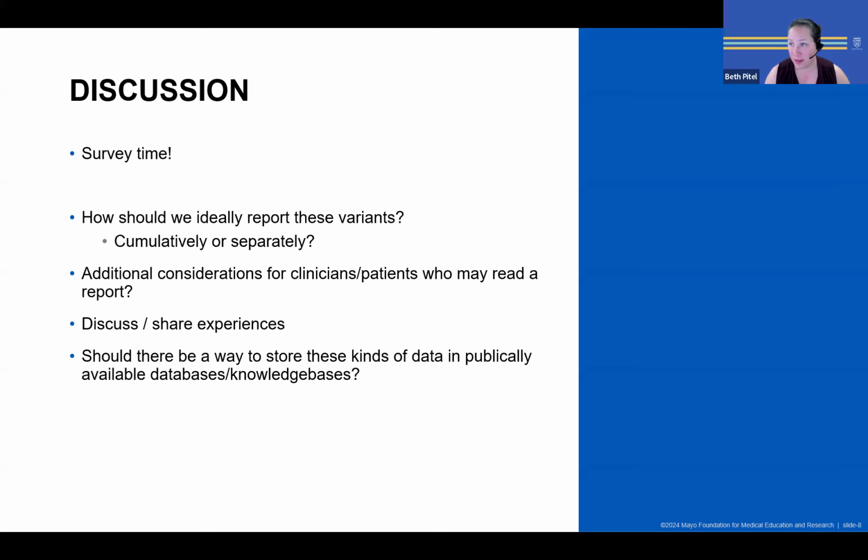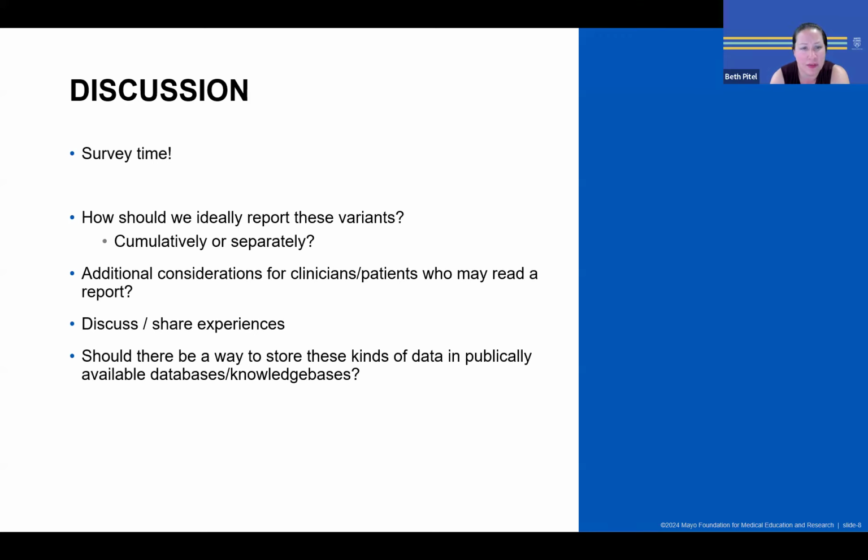Great. So I'm now sharing our poll results, and thank you to those who answered the questions. Looks like 3 of 4 people who answered said that they would report and interpret all the variants at this locus together, or potentially pick a variant that would mean the most and explain it in the interpretation.